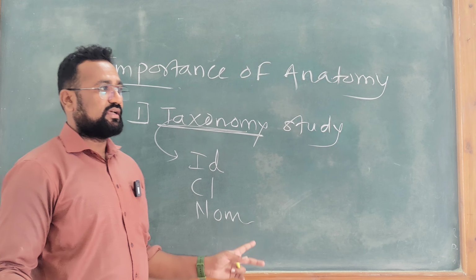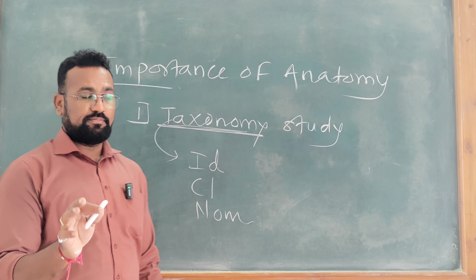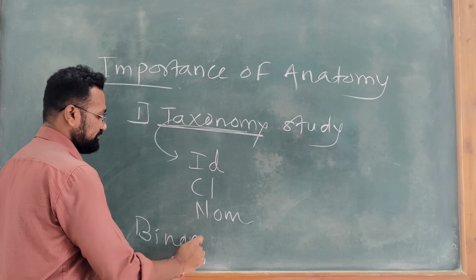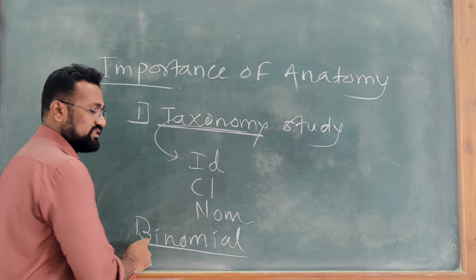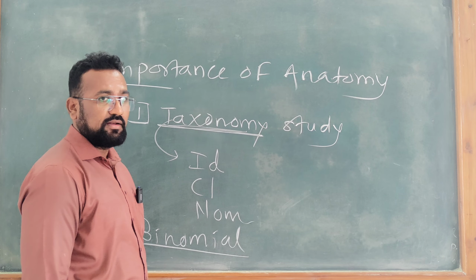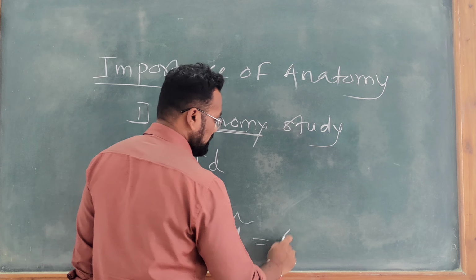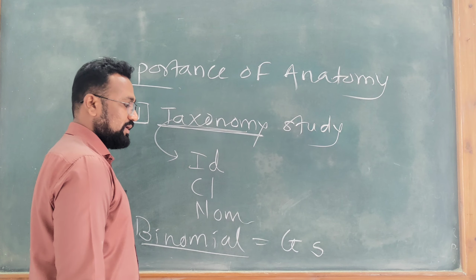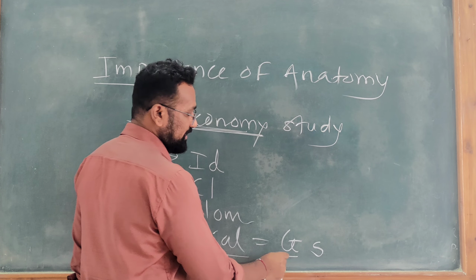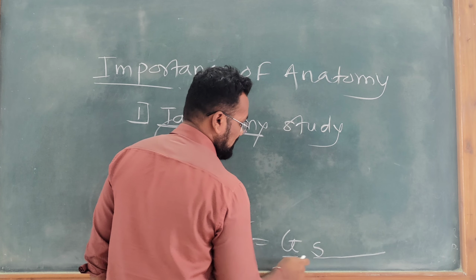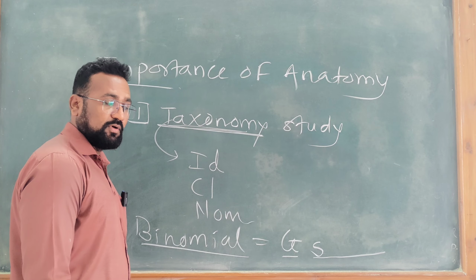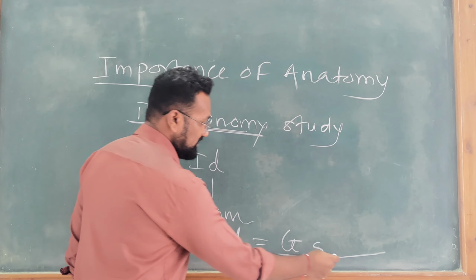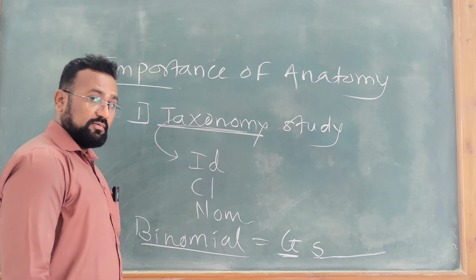Whatever plants are around us have a name, and that name is always in the binomial system of classification. Binomial means you have a genus name followed by a species name. Always remember, the genus name starts with a capital letter and every letter of the species name remains small. Genus is highlighted by one underline and species name by another underline.